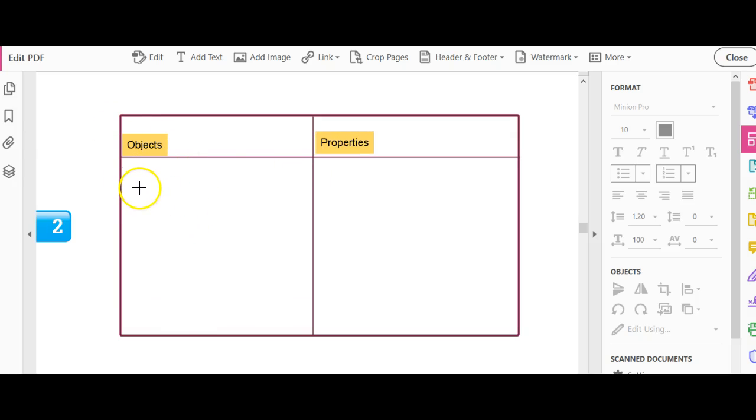So over here, an object could be like a segment. What properties does a segment have? Well, a segment has the property of measure, or length. And then we have angles.